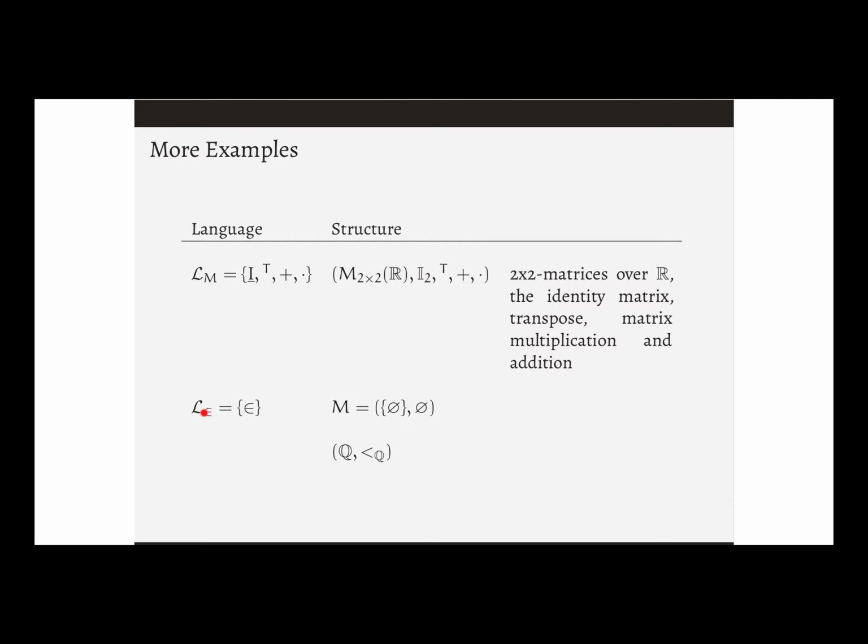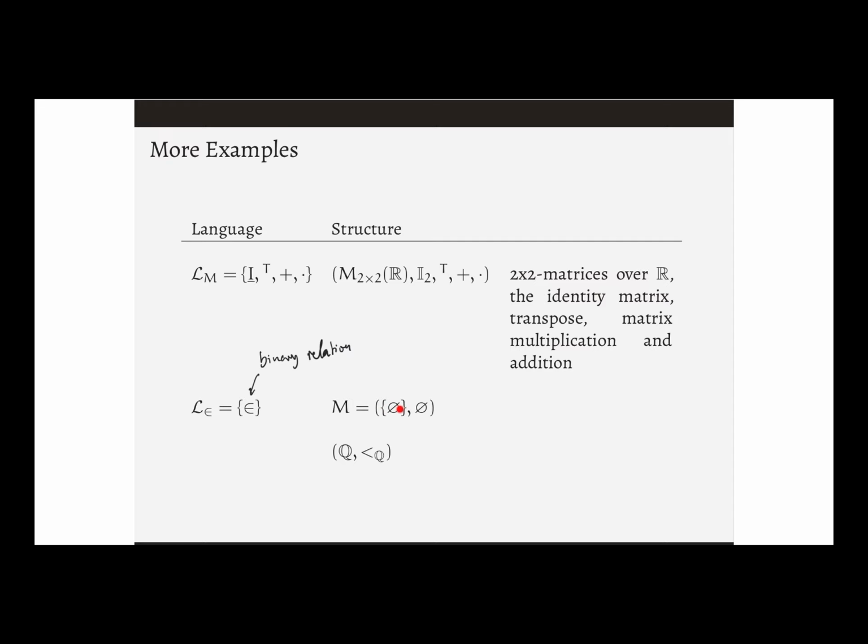For the final example, we take the language of sets. Remember, that was the language that had just one binary relation symbol. So what do we need to do? We have to give a structure that has a non-empty universe.